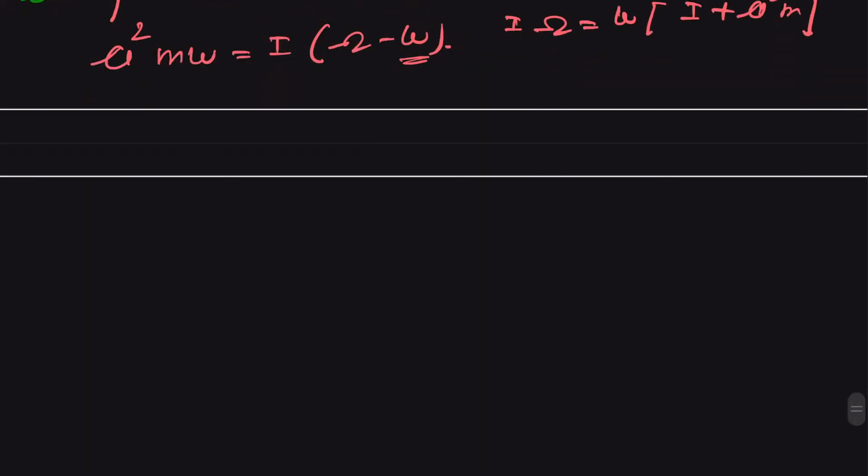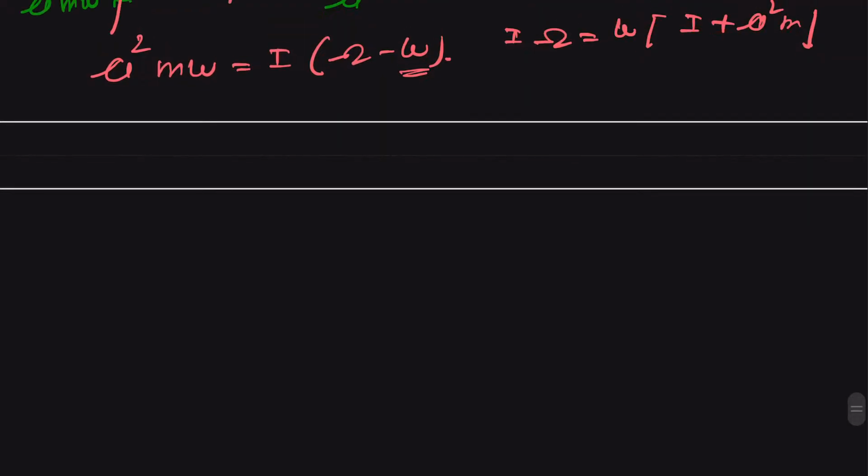So it's almost complete now. We can find out our angular velocity. Omega is equal to I upon I omega, and this comes as I plus A square m.